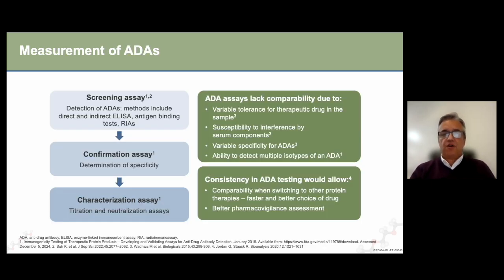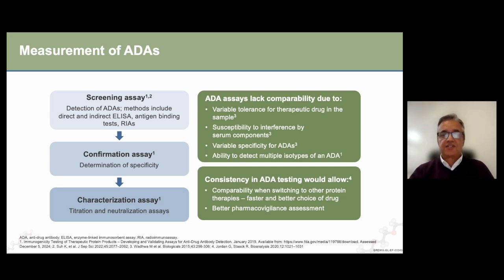So for the measurement of ADA, we have screening assays that usually are done by direct or indirect ELISA. Usually we need to have a method that is really not implicated with the development of false positive or false negative results. Usually these tests must be tolerant to the drug. So it's important here that you don't have a high concentration of the drug when you measure anti-drug antibodies, and then you need to have a confirmation assay.